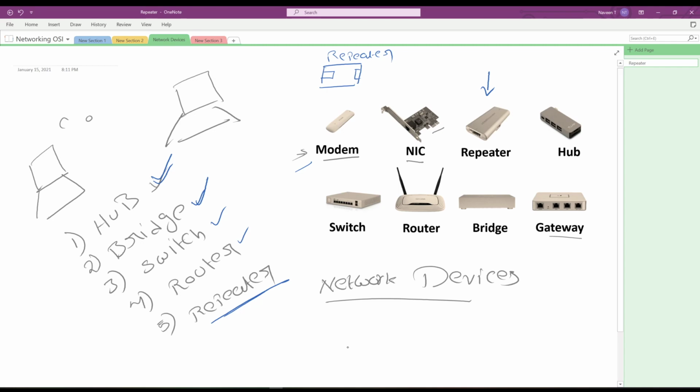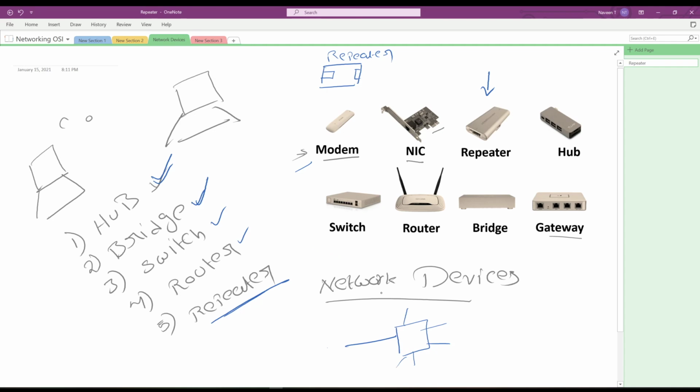It does nothing, as it takes the signal from one end and broadcasts or repeats the signal to the multiple devices connected. It's like a repeater.